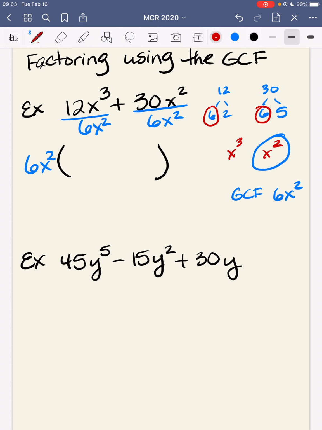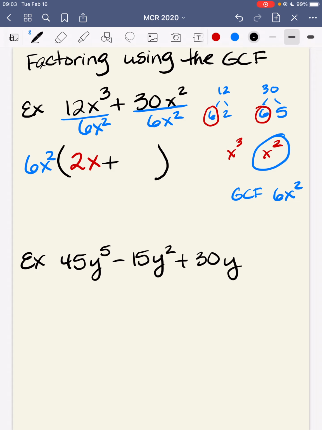All right, so 12 divided by 6 is 2. And x cubed and x squared, they divide, I'm left with x. Okay, if you're not sure where this is coming from, go back and look at my video on dividing polynomials by monomials. All right, and the plus sign stays.